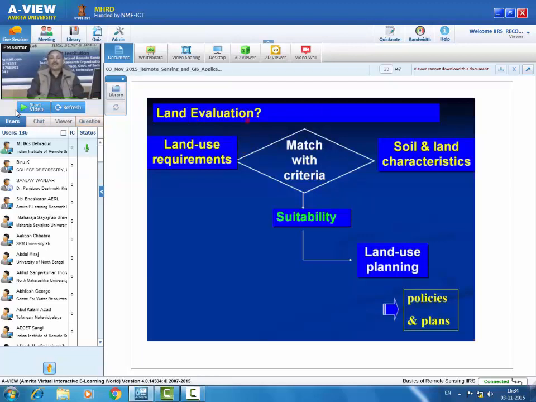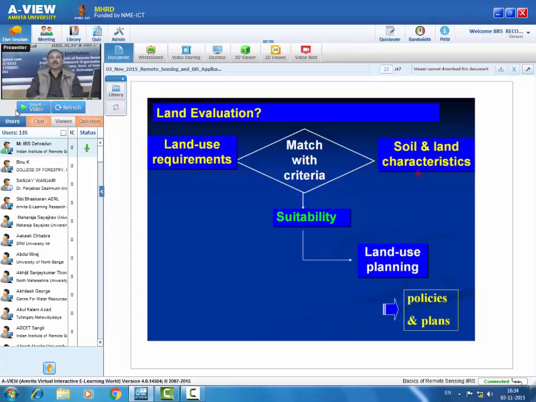What do you mean by land evaluation? Suppose we want to study whether this land is suitable for forestry or not. Then we take the characteristics or requirements of forestry, and we know the soil and land characteristics of our soil. We match both criteria. Suppose forestry requires soil depth of more than 100 centimeter.